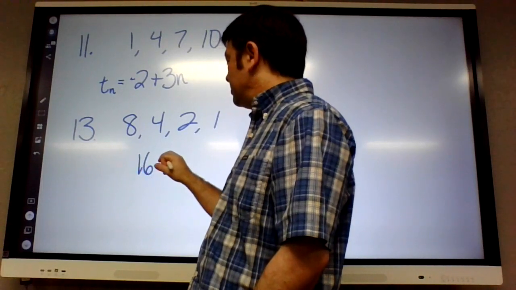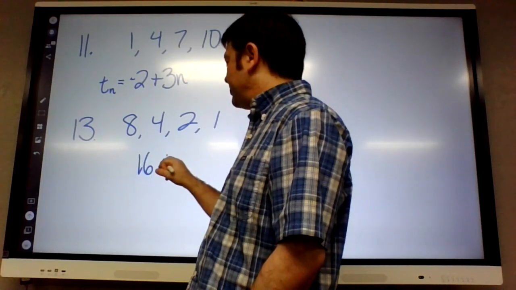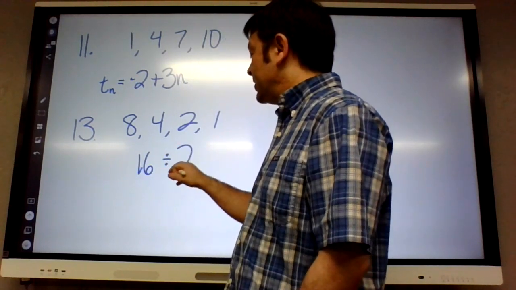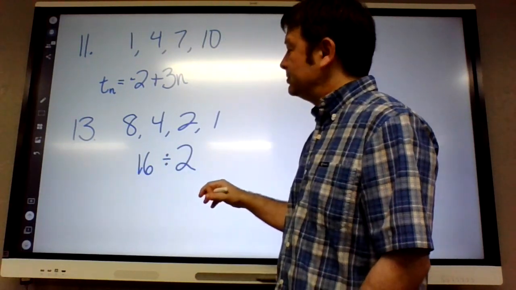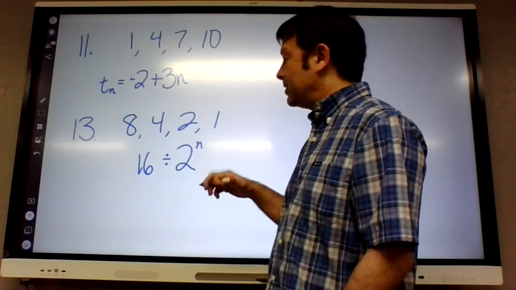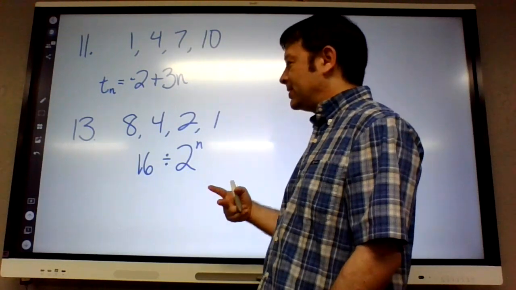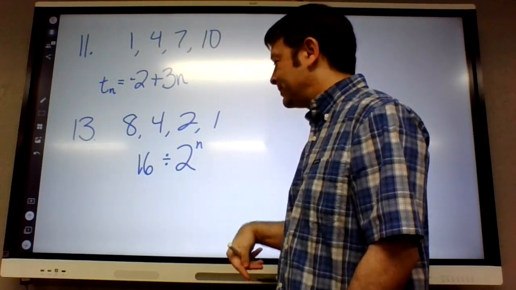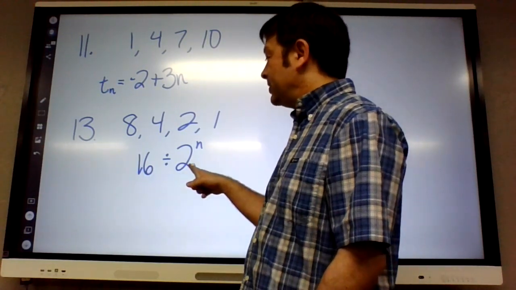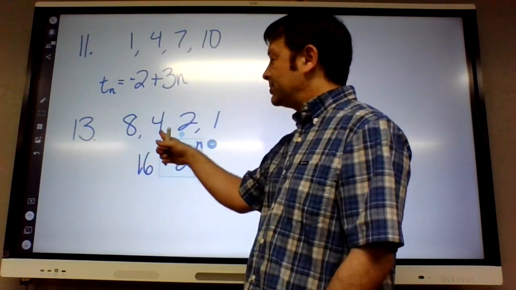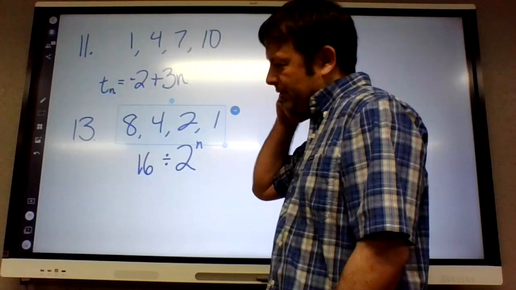So, we want to divide, there's a couple ways we could write it. We could use like a division bar. We want to divide 16 by 2 n times. Like once for the first term, twice for the second term, 3 times for the third term. If we divide 16 by 2 once, we get 8. If we divide 16 by 2 twice, we get 4.